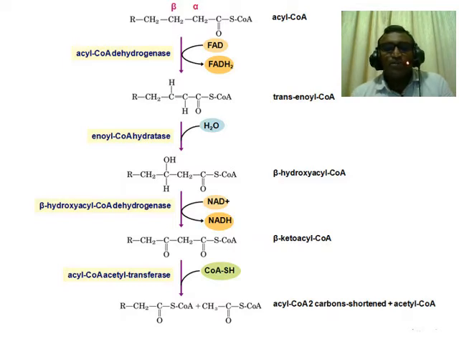Not only that, since it undergoes 7 cleavages, or 7 of these 4 steps, you should have 7 FADH2 and 7 NADH.